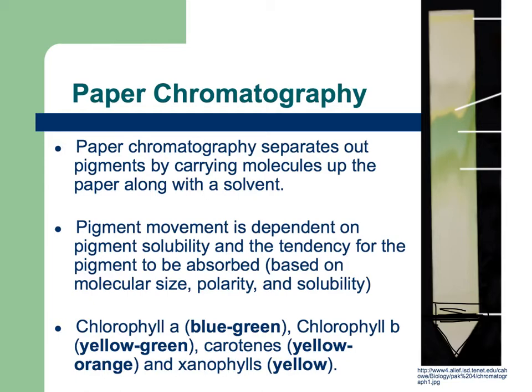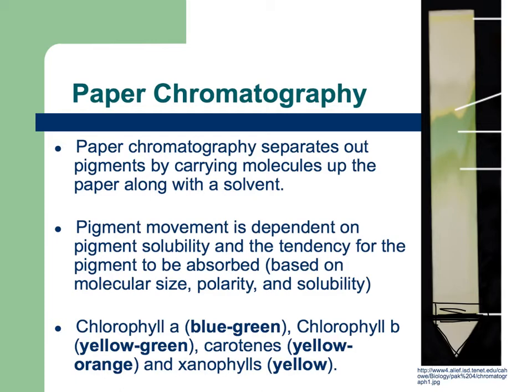Now the paper is going to be filter paper, so make sure that you're wearing gloves when you do this, because you don't want the oils on your hands to affect the filter paper. The paper chromatography is going to separate these pigments out by carrying molecules up the paper with a solvent. So we're going to be using a special chromatography solvent.